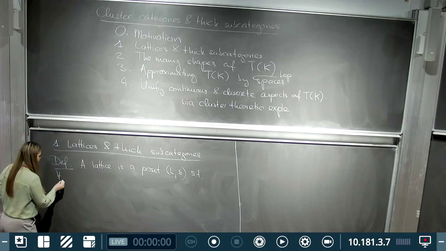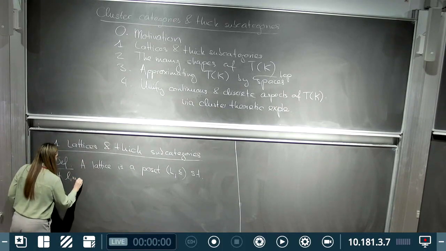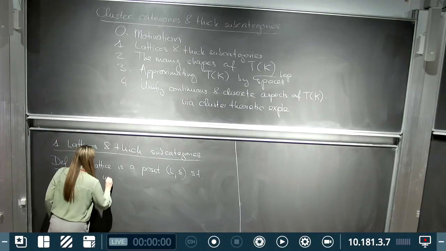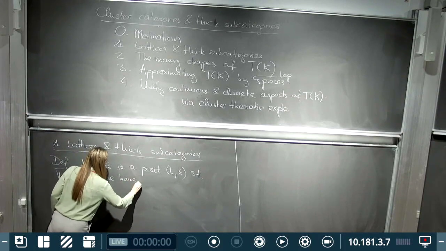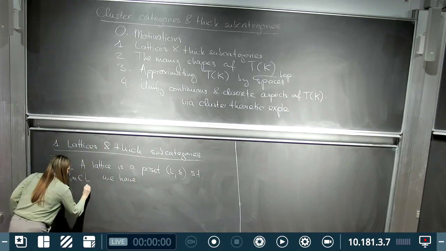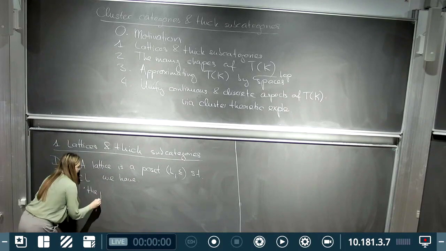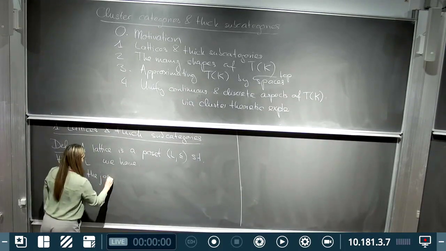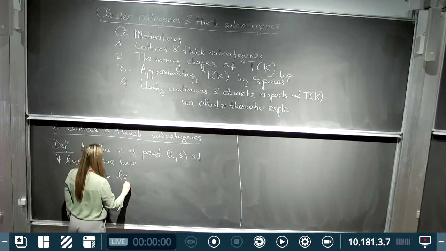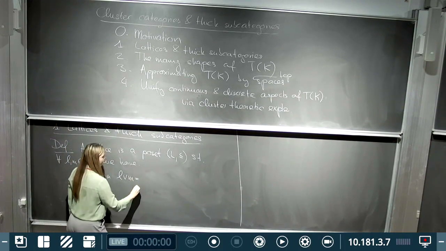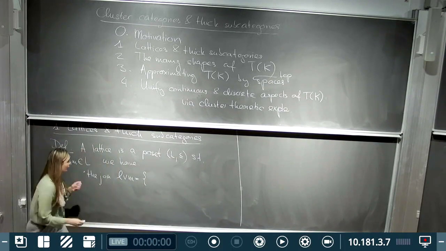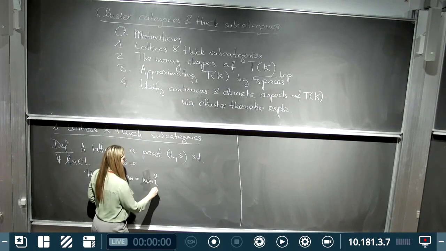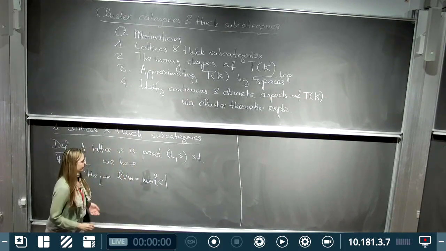So what that means is for any 2 elements in L, we have a join, L join M, which is just the smallest element C which is bigger than both of them.